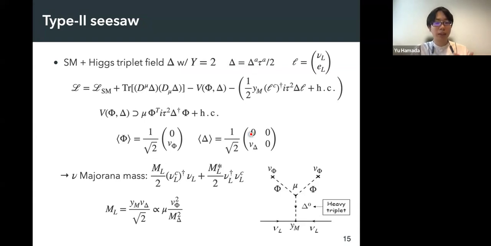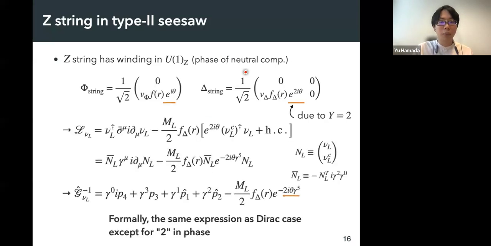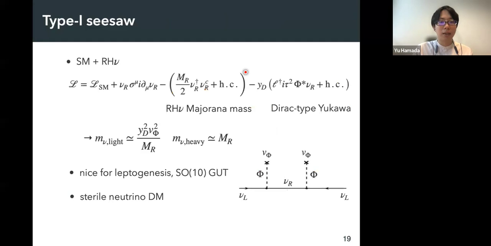So in that sense, symmetry is not enough to stabilize the Z-string. And the type 1 seesaw model is the same, because we only have a Higgs doublet field and the symmetry breaking is completely the same as the standard model. So this also cannot stabilize the Z-string.